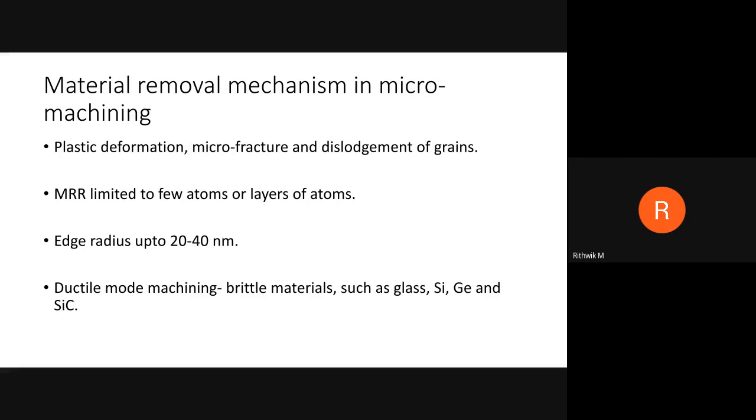In elastic forming and all, we have seen how the transformation from the raw material or the initial stage to the final product occurred. It is due to plastic deformation. Now in diamond turn machining, it is due to mainly three things: plastic deformation, microfracture, and dislodgement of the grains.